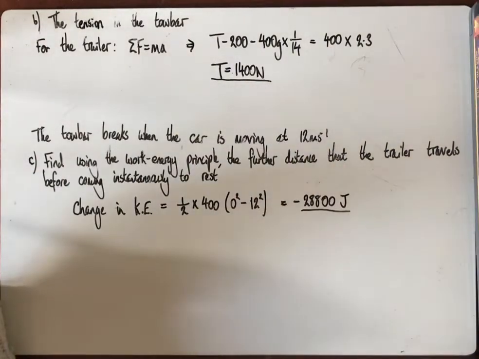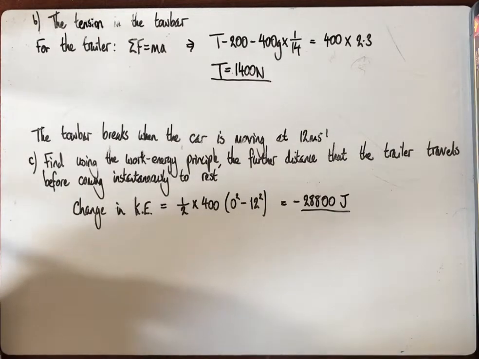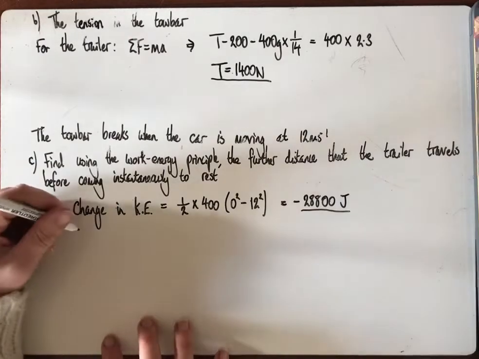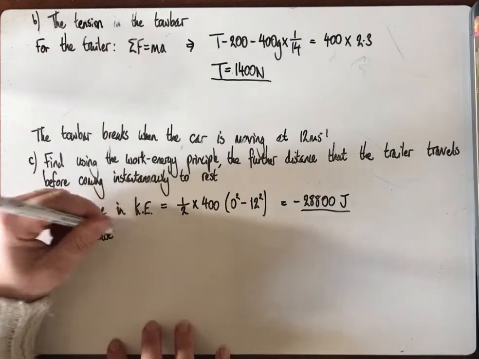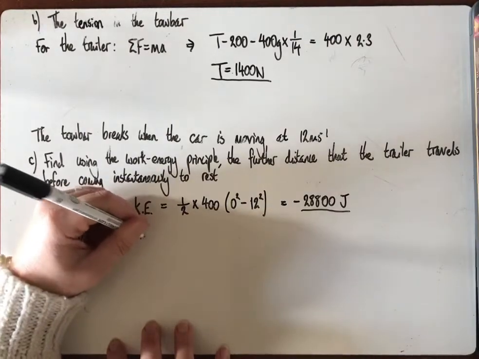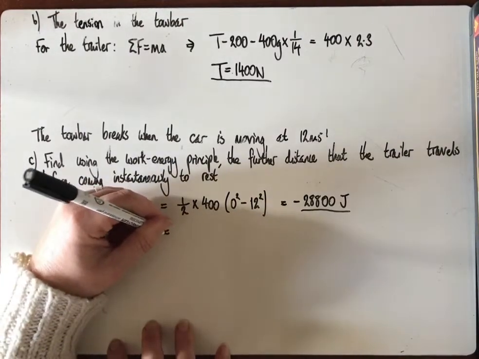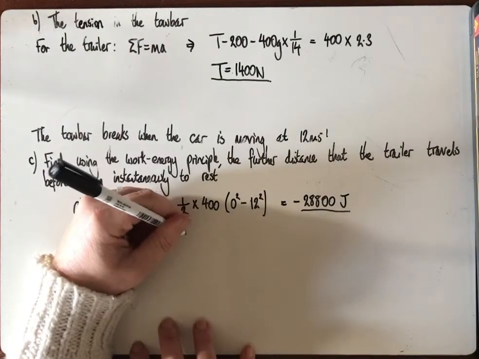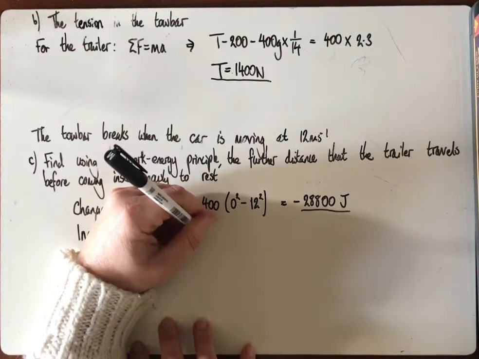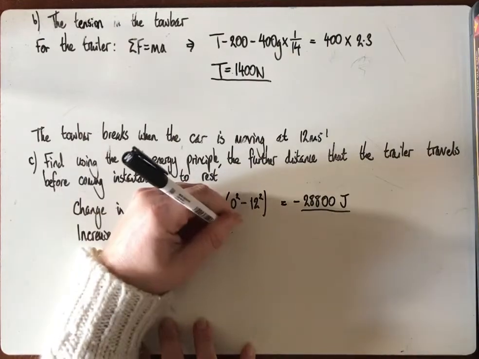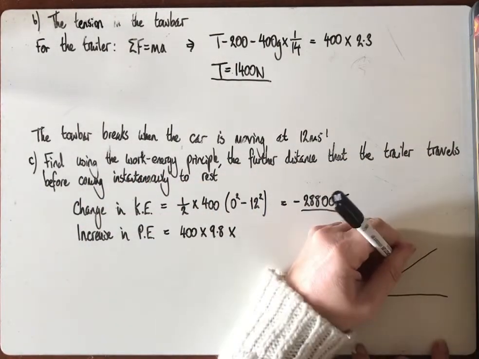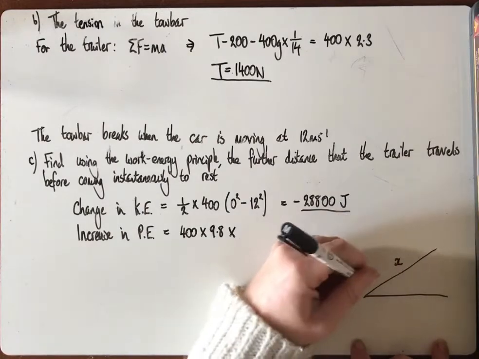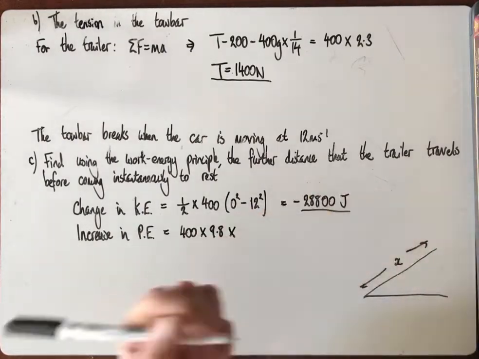So that's a change in kinetic energy, but it's a decrease. We know it's decreasing because it's going from 12 meters per second to 0. And then the potential energy is increasing as it's travelling uphill. So increase in potential energy is mgh, and we want the distance it travels before coming to rest, which we can call x. So that's the distance it travels before coming to rest.